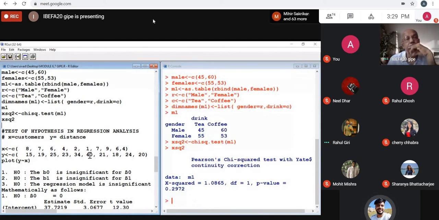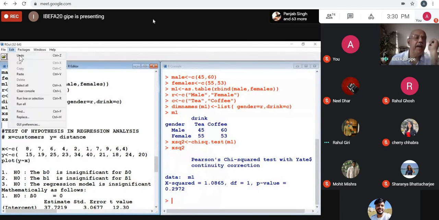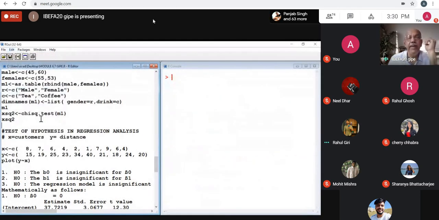We accept it. This is what is happening. This is what actually the two parameters mu and the parameter p are.